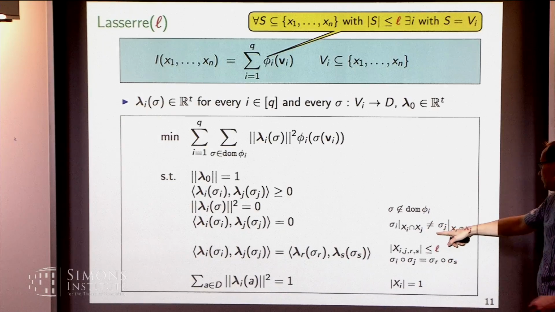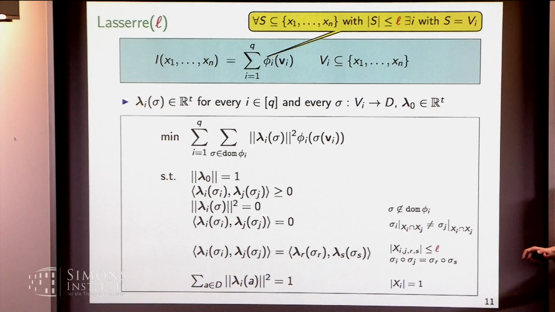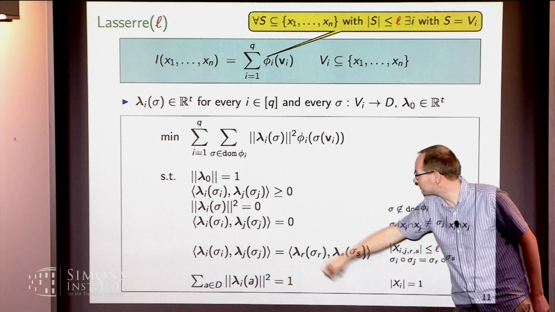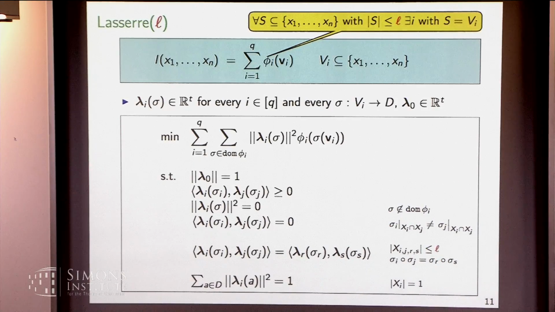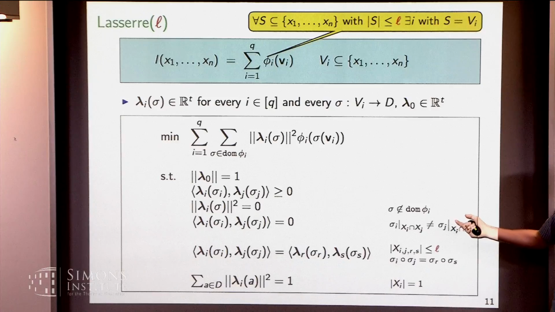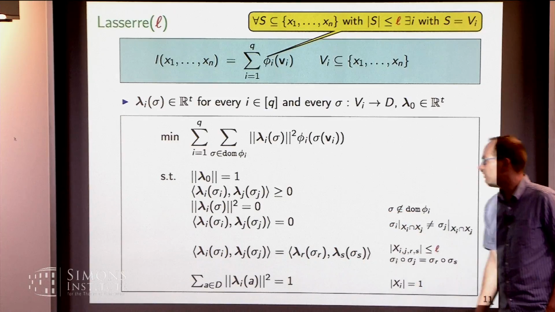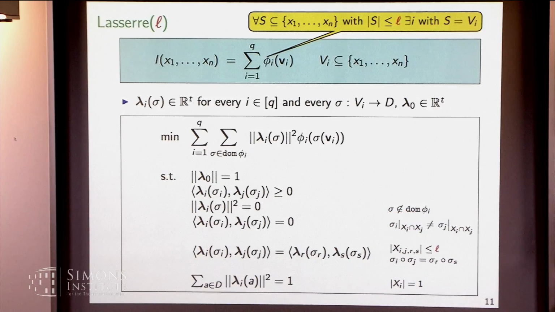If you look at any two assignments, an assignment to the ith term, sigma sub i, and an assignment to the jth term, sigma sub j, if they have some variables in common and they assign different values, they are inconsistent, so you want this inner product to be 0. And this corresponds to the marginalization in a way.